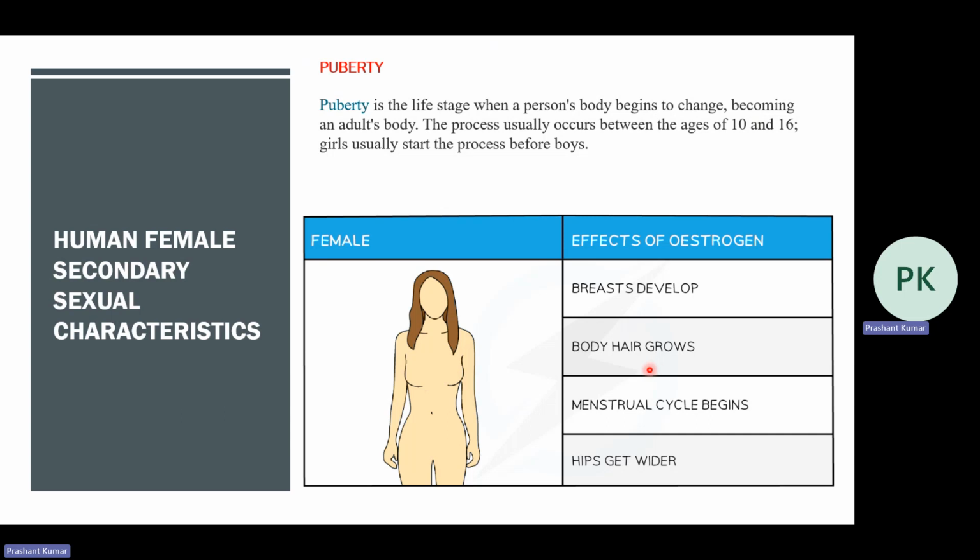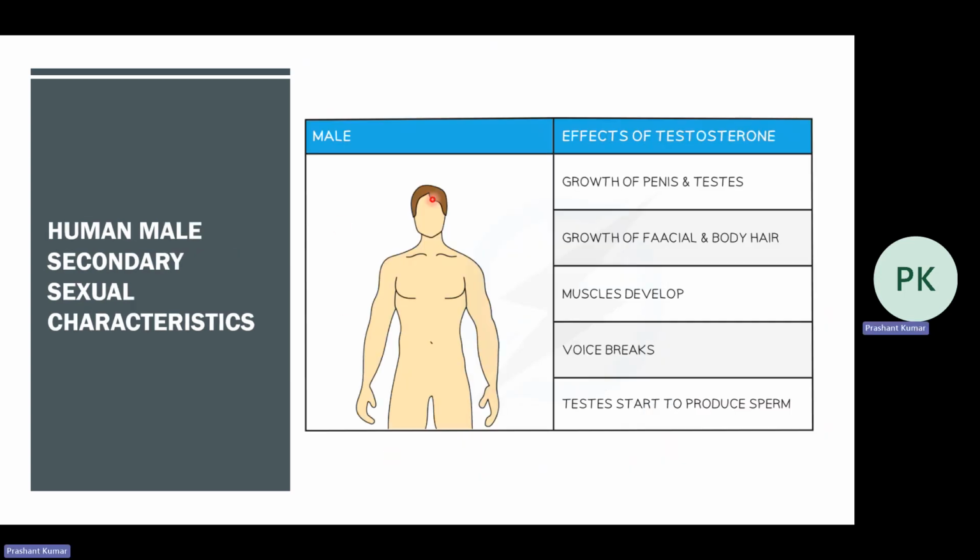That's the female character, also called mammary gland. Body hair grows, menstrual cycle begins, which is very important. Hips get wider and round. In case of male, growth of the penis and testis, growth of facial and body hair, muscle development, voice breaks, and of course, testis will start producing sperm cells.